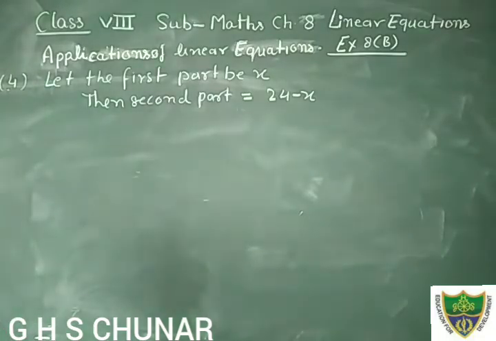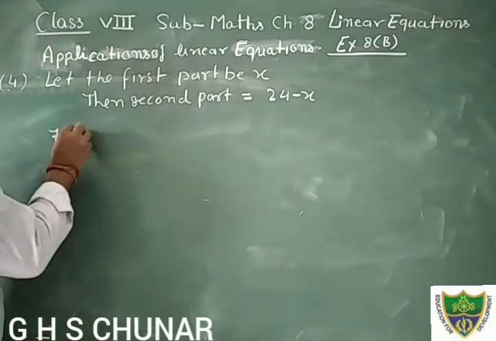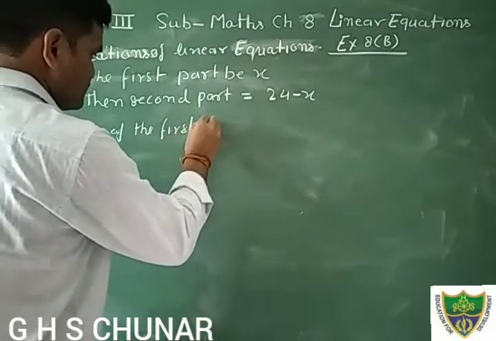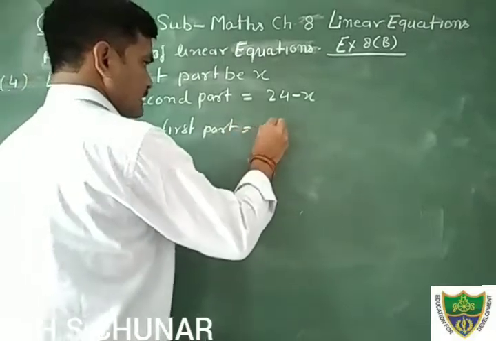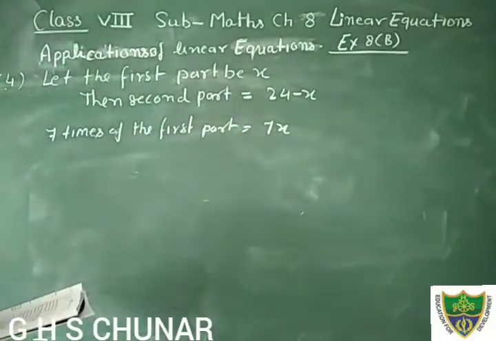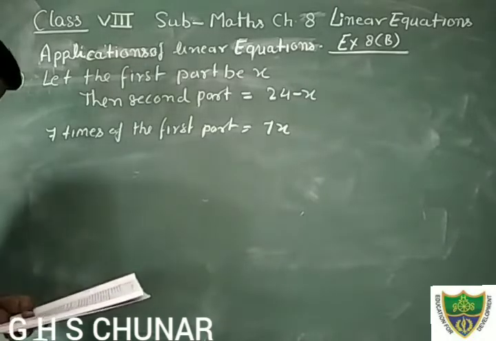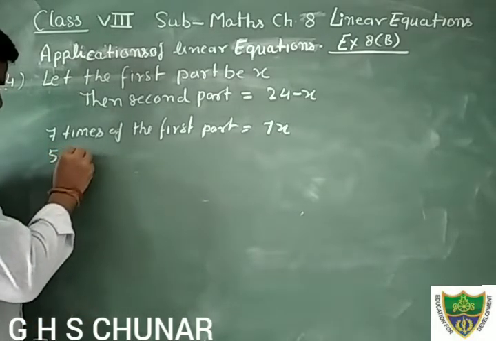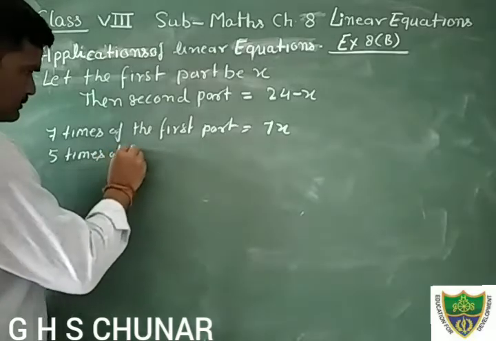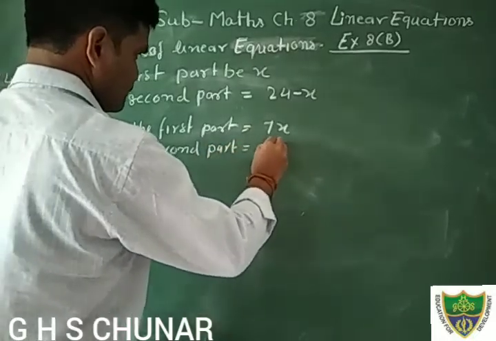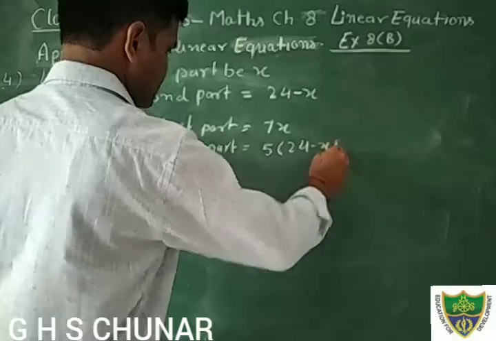Now here is given as a condition such that 7 times of the first part, that is 7x, and 5 times of the second part, that is 5 into 24 minus x.